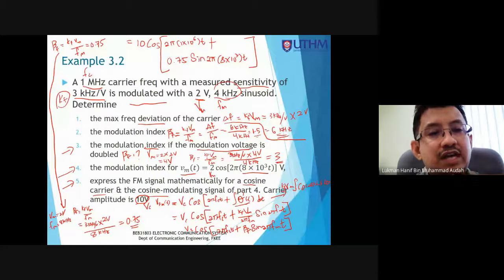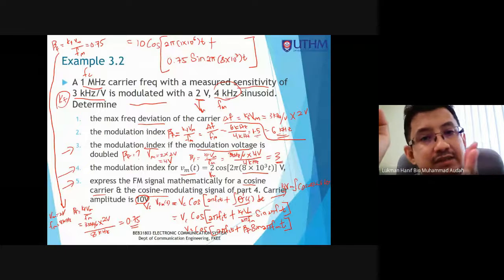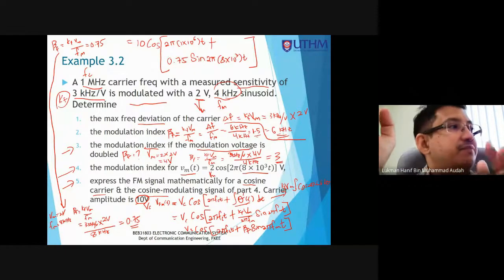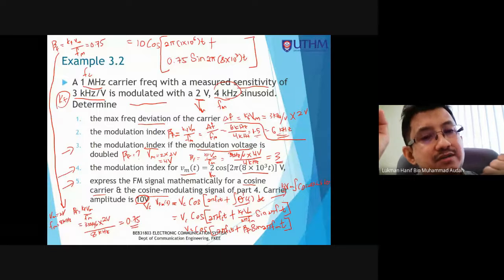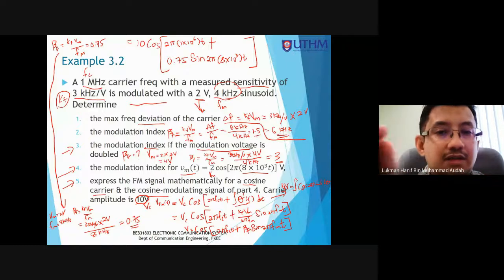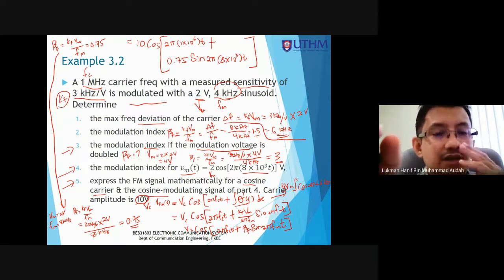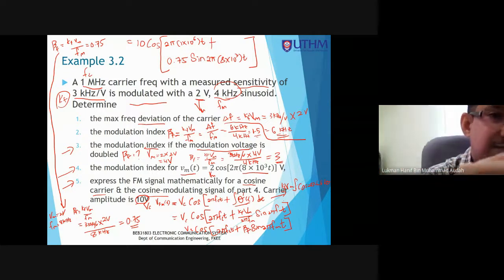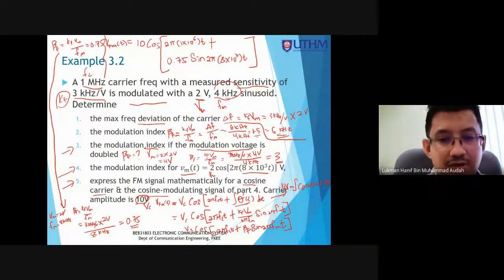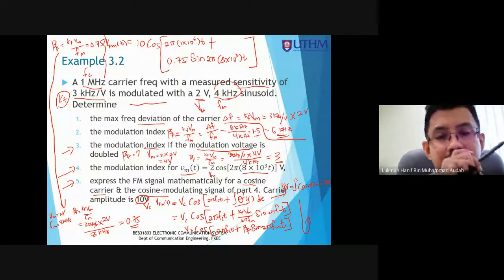So 10 cos 2 pi Fct, 2 pi times 1 mega t, plus beta F. Beta F here is 0.75 sine 2 pi 8 times 10 power of 3 t. So inilah dia persamaan VFM t. Ni tadi daripada bawah ke atas so jangan confuse.